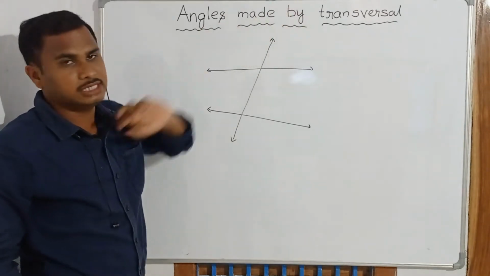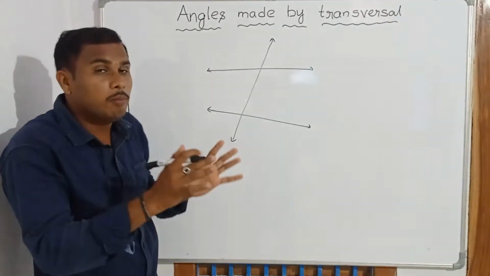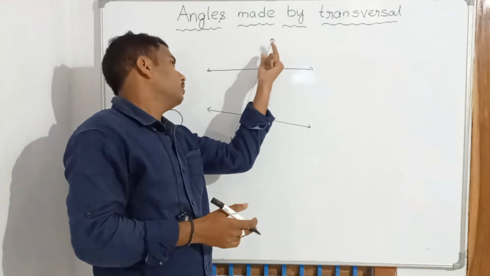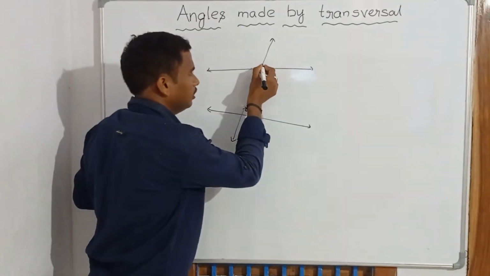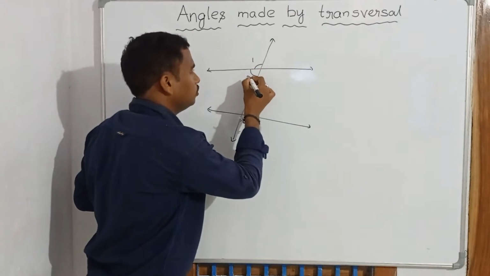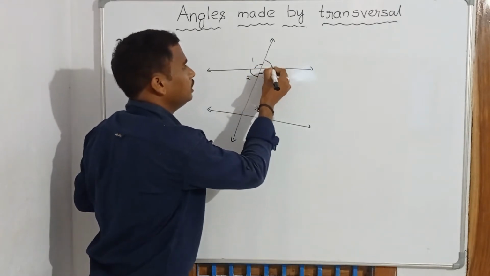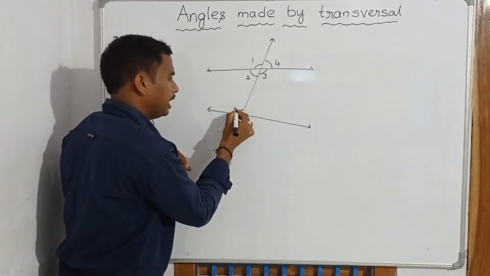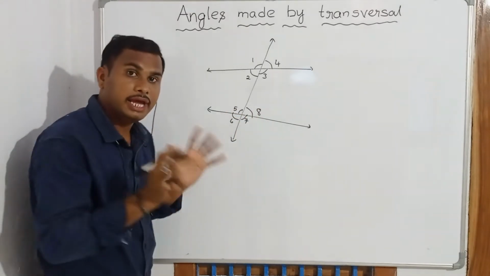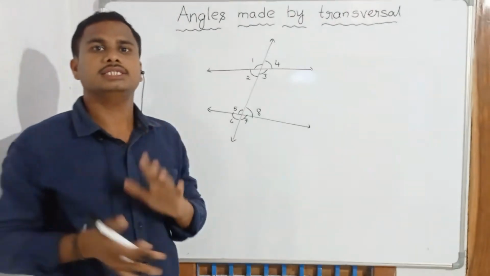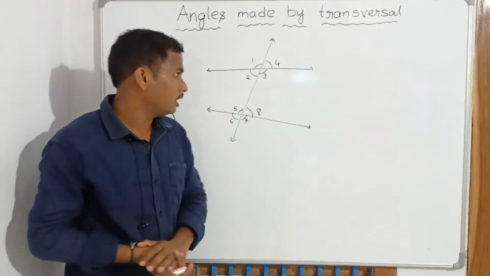Angles made by transversal. How many angles are formed in this figure? As 1, 2, 3, 4, 5, 6, 7, 8. How many angles are formed? 8 angles are formed.